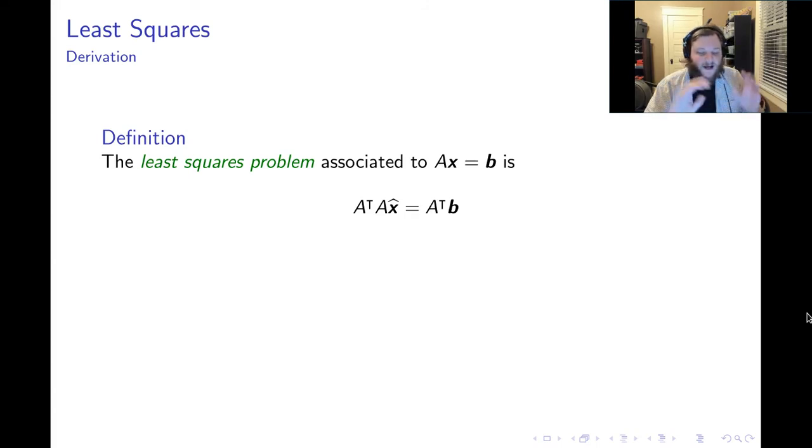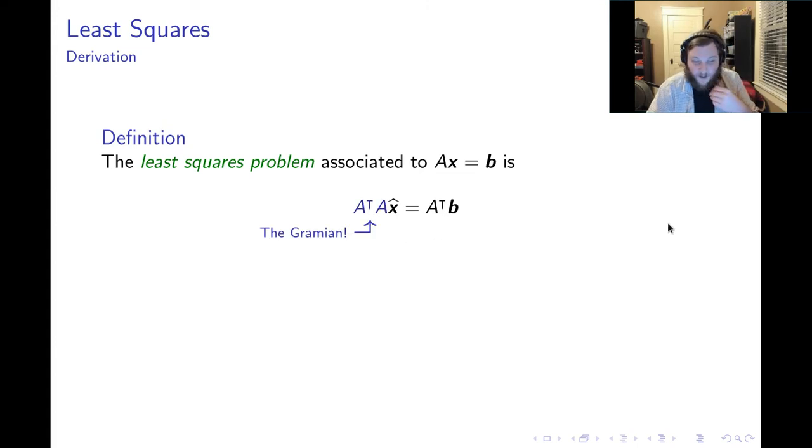So let's introduce some terminology here. If we're studying a system Ax equals b, we say that the associated least squares problem of that system is the system A transpose A times x hat equals A transpose times b. The variable here, of course, is x hat.